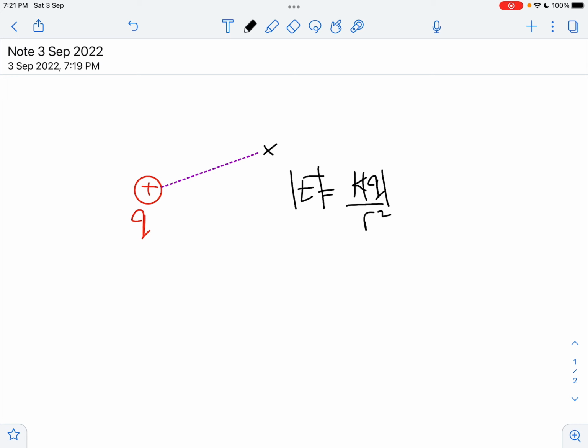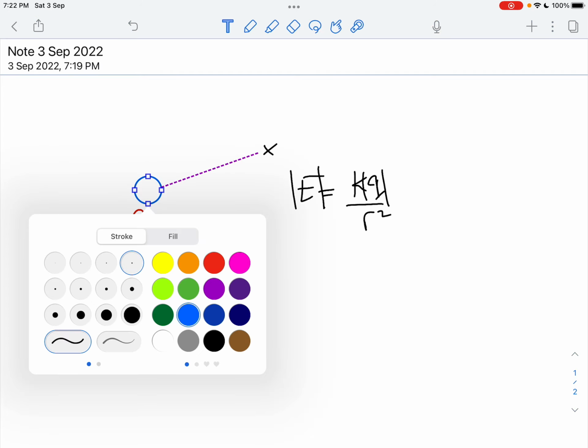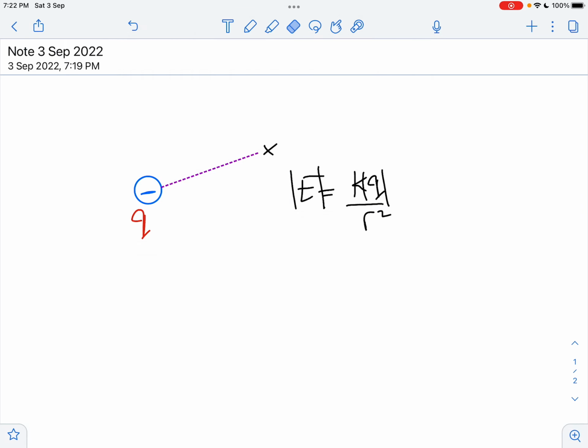And the direction of that electric field: if the charge is positive, then this electric field is radially away. And if the charge was negative, so it's minus Q in that case, the magnitude is the same, but the direction of the electric field will be radially inward.